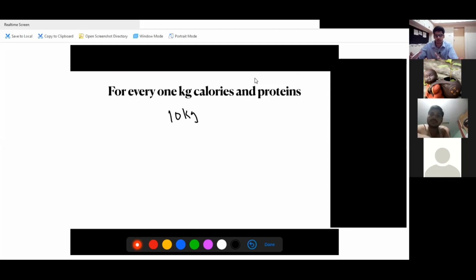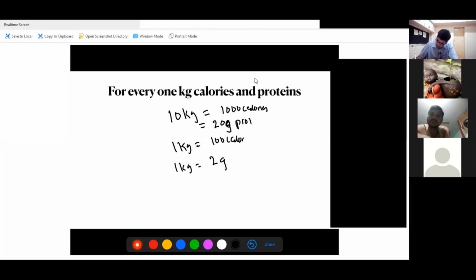Just to make it fast now, but in your practice, you have to calculate how many calories and proteins he is eating by the diet chart. So every 1 kilo is equal to 100 calories. So if a 10 kilo child is having 1000 calories, this is the formula that you can use to practice fast. And for every 1 kilo, how many gram protein? 2 gram protein. So this 10 kilo child is having 20 gram protein.